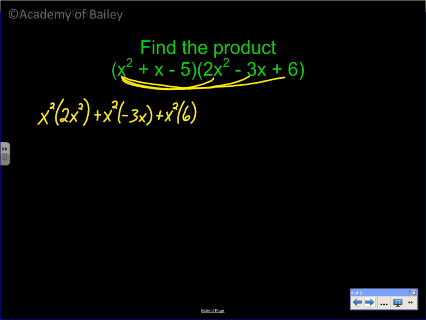Okay, now moving on to the second term there in that trinomial, x. So we have positive x, and we're multiplying it by 2x squared. Positive x times negative 3x. And positive x times 6.